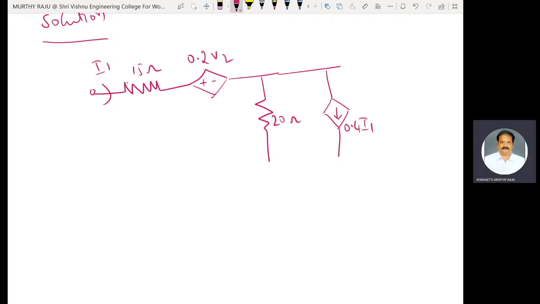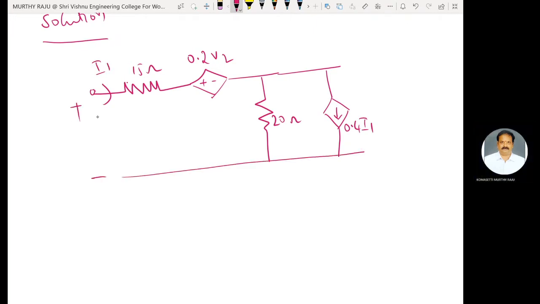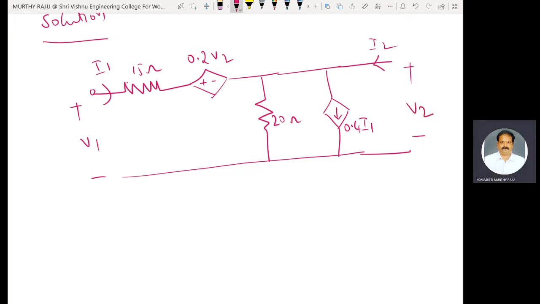This one is I1, plus minus V1. This one is I2, V2. These are the three loops: loop 1, loop 2, and loop 3. Assign currents to these loops.